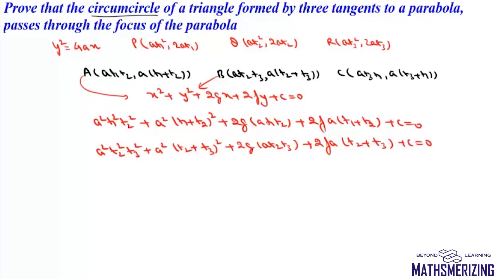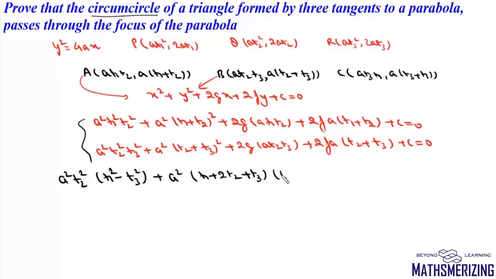Now what we'll do is we'll subtract the second equation from the first equation. In the first one we'll take a square t2 square common, and then we'll get t1 square minus t3 square. For the second one we'll write a square times (a plus b)(a minus b), so it'll be (t1 plus 2t2 plus t3) and then (t1 minus t3).